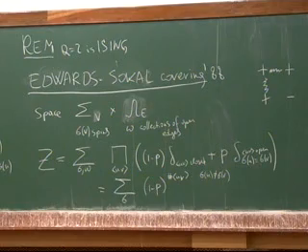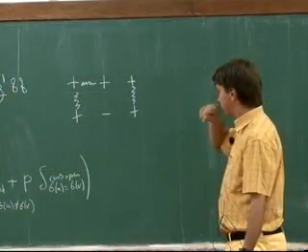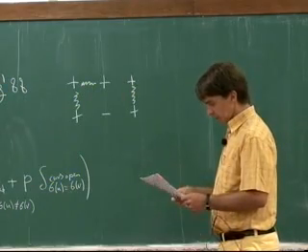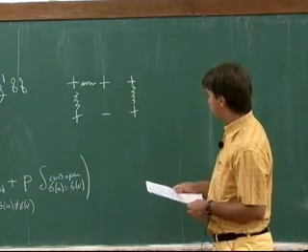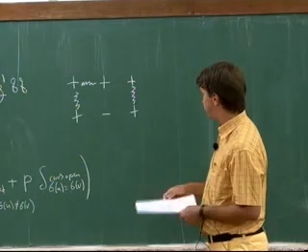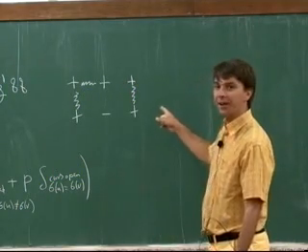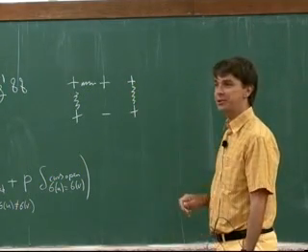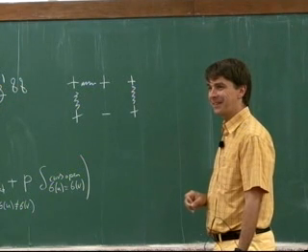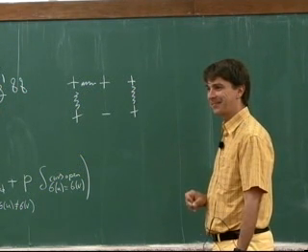So now what would happen, for example, with this configuration? An exercise: what is the weight of this configuration? Is it 0 or non-zero?